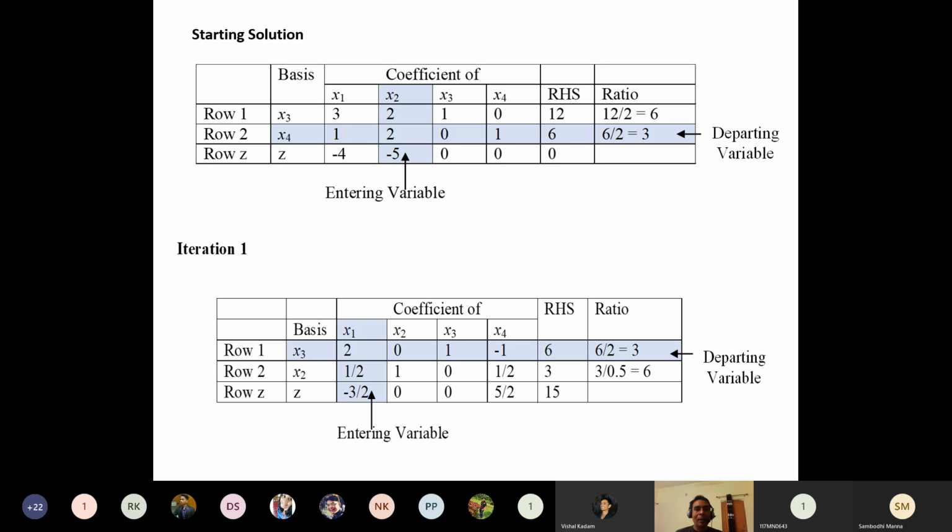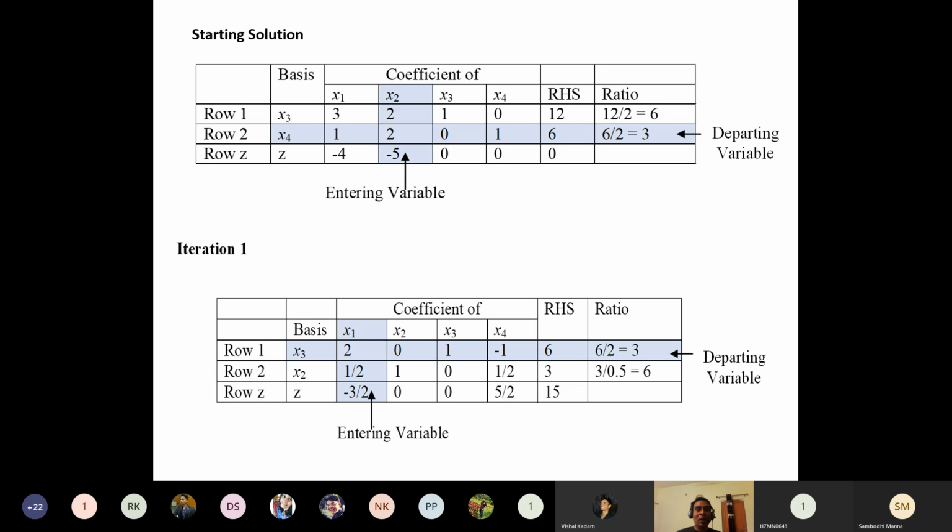Here, the basic variable x2 has the maximum negative coefficient under the Z row, and x2 is the entering variable. We can determine the pivot row, and the ratio of the right hand side divided by the pivot column. So this is 12 by 2 and this is 6 by 2. So the minimum value gives the leaving variable, the departing variable.